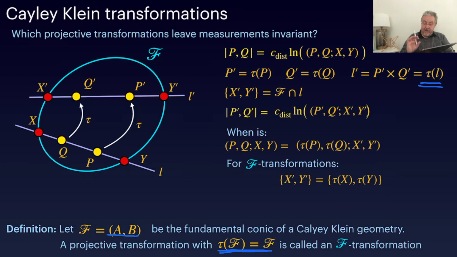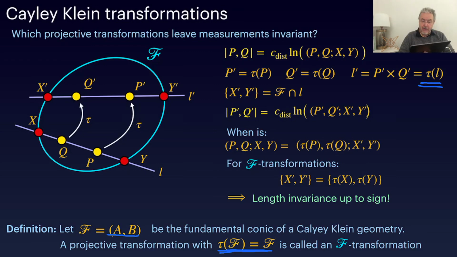Again, we cannot say something about the order in that situation, but the pair remains the same, and so you get a length invariant up to a sign. And you can do the same reasoning also for the angles, and by that you see that these transformations that leave the fundamental conic invariant are length preserving and angle preserving.